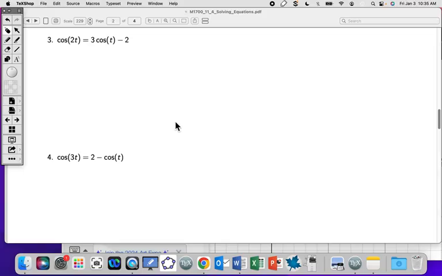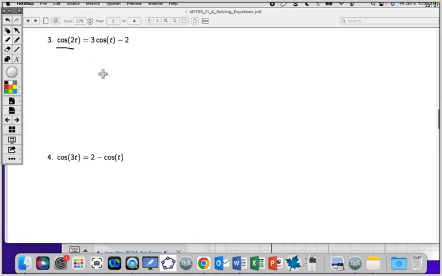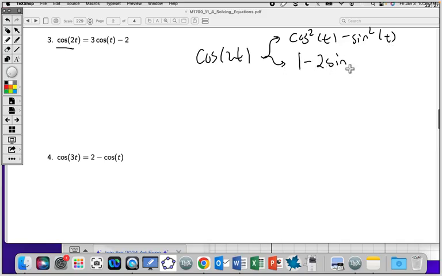Now, as fate would have it, for cosine of 2t we have 3 versions of that identity. I can replace that with cosine squared t minus sine squared t, or 1 minus 2 sine squared of t, or 2 cosine squared t minus 1. Given that the right-hand side of the equation has just cosine t in it, that's going to be the selection we choose.